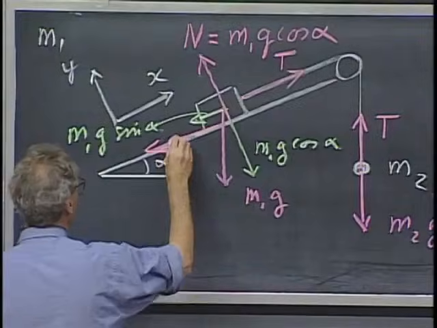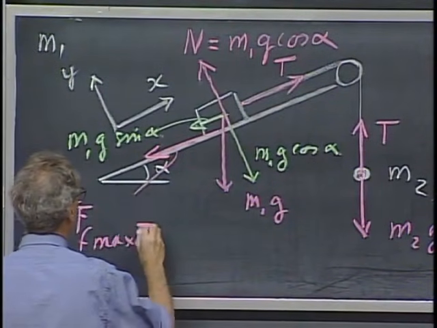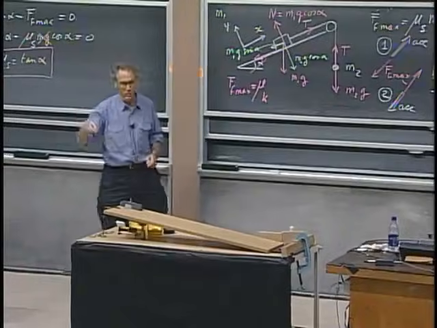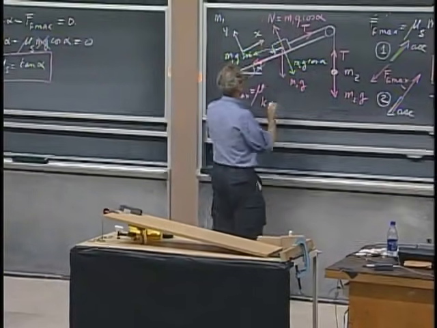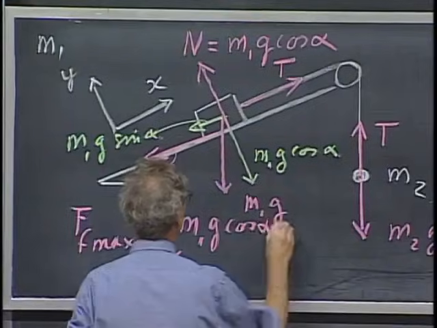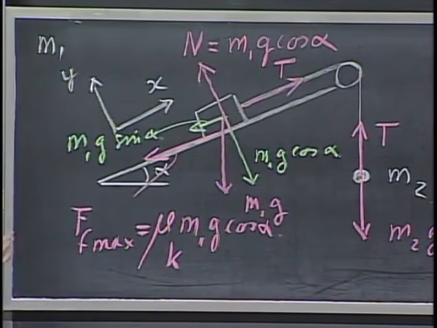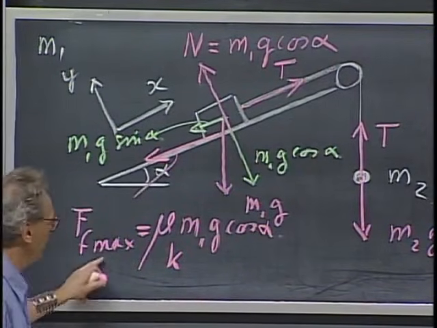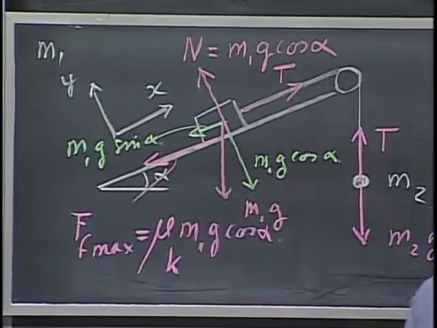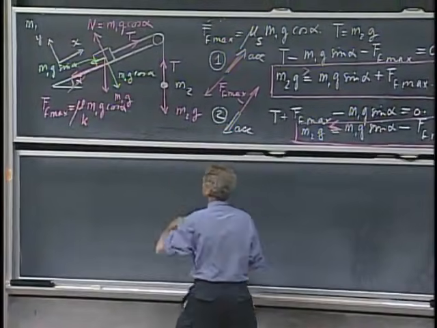This is the maximum friction possible, which now becomes mu kinetic, because it's going to move, times m1 times g times cosine alpha. So that is already one change. It is moving, for sure, it's going to be accelerated, so the frictional force is in this direction and has this value.